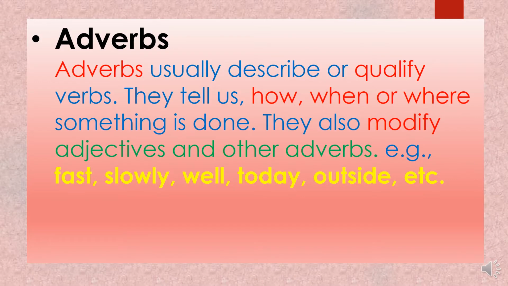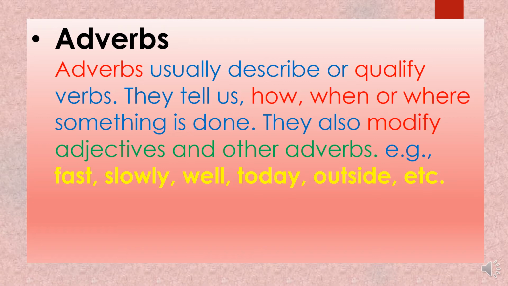Now coming to the fifth part of speech, it is adverbs. Adverbs usually describe or qualify verbs. They tell us how, when, or where something is done. They also modify adjectives and other adverbs.